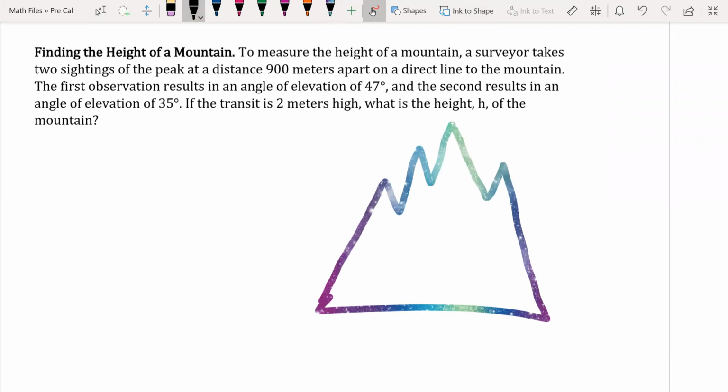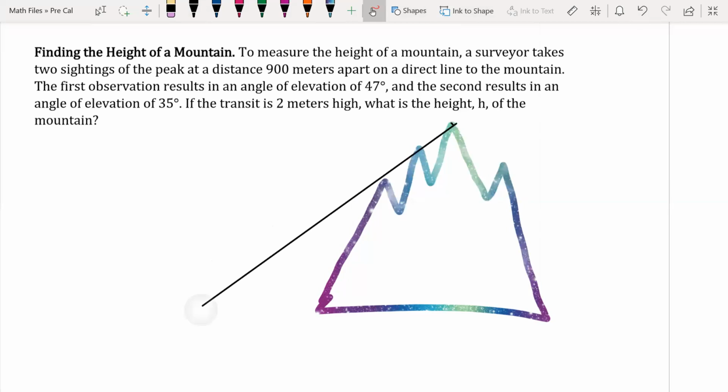So what we say is that the surveyor takes 2 sightings of the peak at a distance 900 meters apart on a direct line. So this means that here's going to be our first sighting. Oh, I want straight lines. Give me straight lines. How about that? Bam.